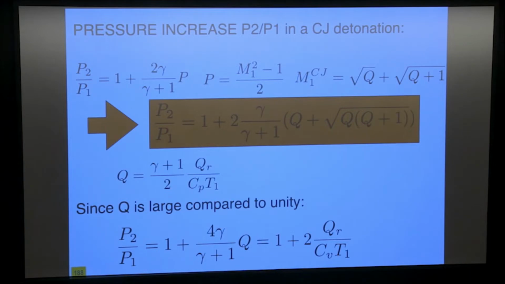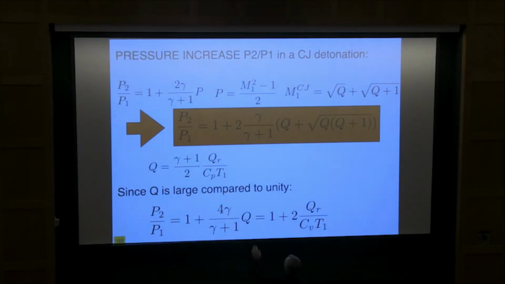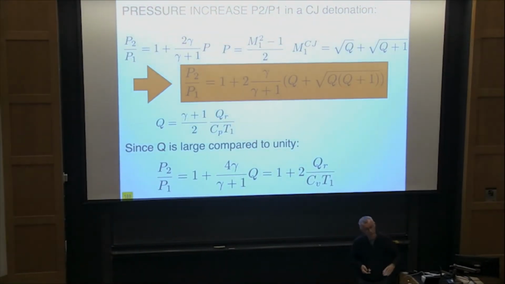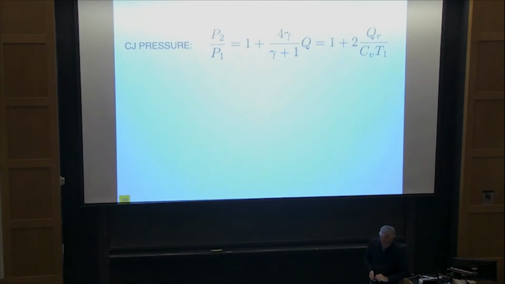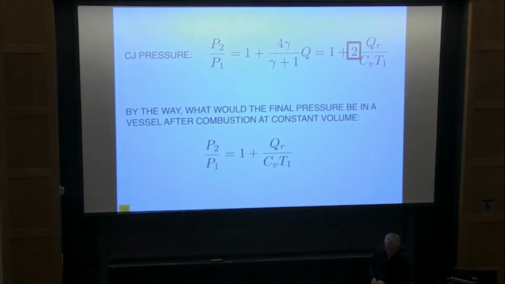If you look at the pressure increase here, and you suppose that Q is large, you obtain this expression. And you see that the pressure increase is 1 plus 2Q over CvT1. And again, if you remember your baseline theory, this 2 which is here is interesting because if you do the same derivation now for a constant volume bomb, in which you have constant volume combustion, you find that T2 over T1 is equal to this quantity.